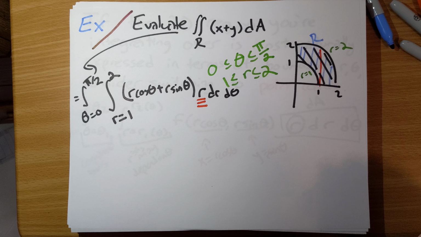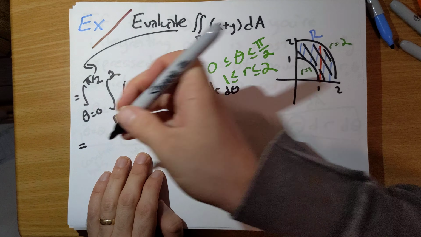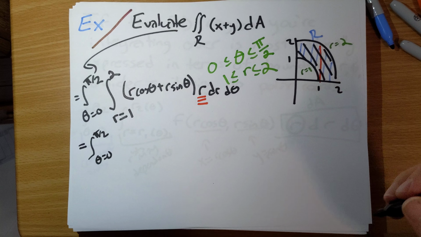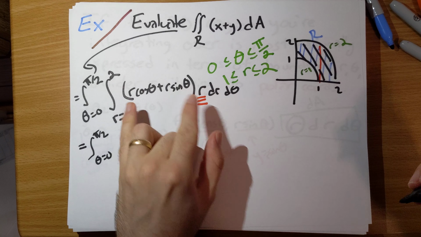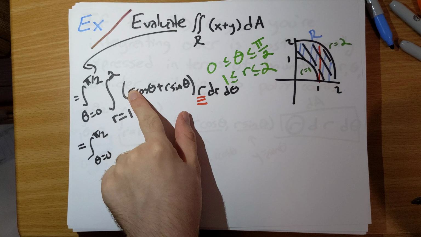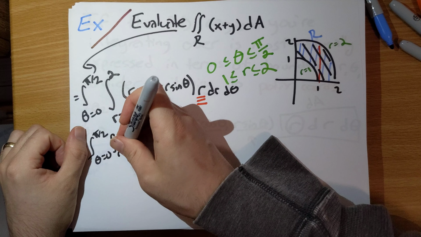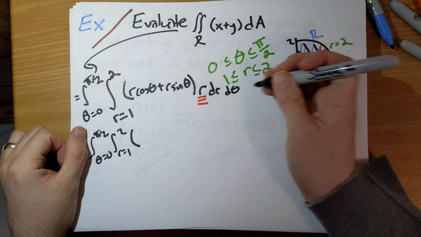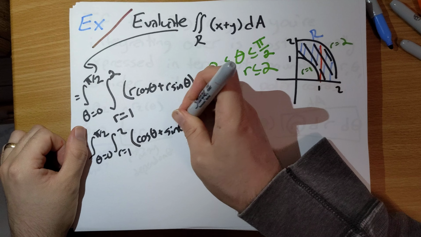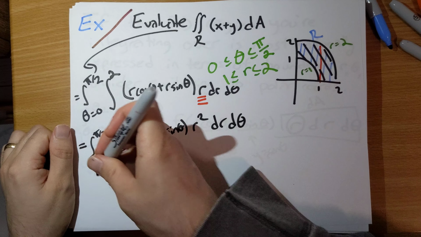So, okay, what happens here? Theta runs from 0 to pi over 2. And then the integrand, let's multiply through by this r. Actually, we can factor out an r here. So we'll have cosine theta plus sine theta times r squared dr d theta.